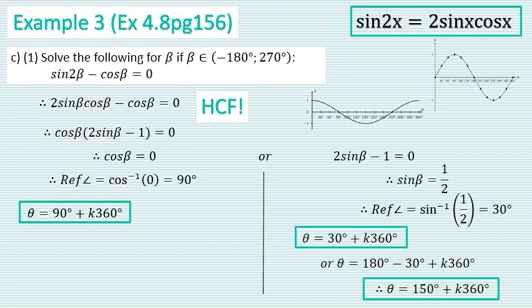No, we are not. Why not? Because we haven't said k is an element of integers. And now look back to the question. Beta is an element of negative 180 to 270 degrees.